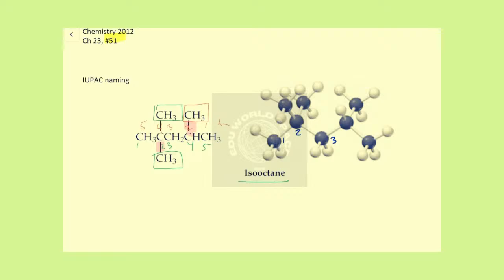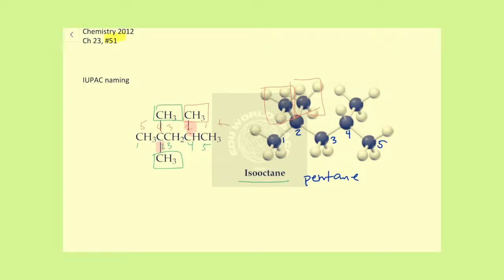So on carbon 2 right here, we have 2 CH3 groups. So that's a methyl group. So we have 2 methyl and another 2 methyl. I'm just going to separate them for now and we'll combine them later. And then we have carbon 4 here with another methyl group. So we have 4 methyl.